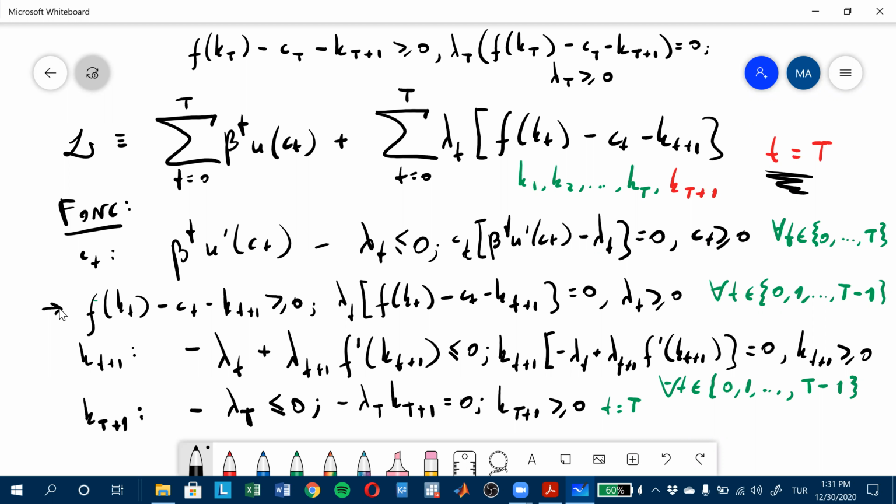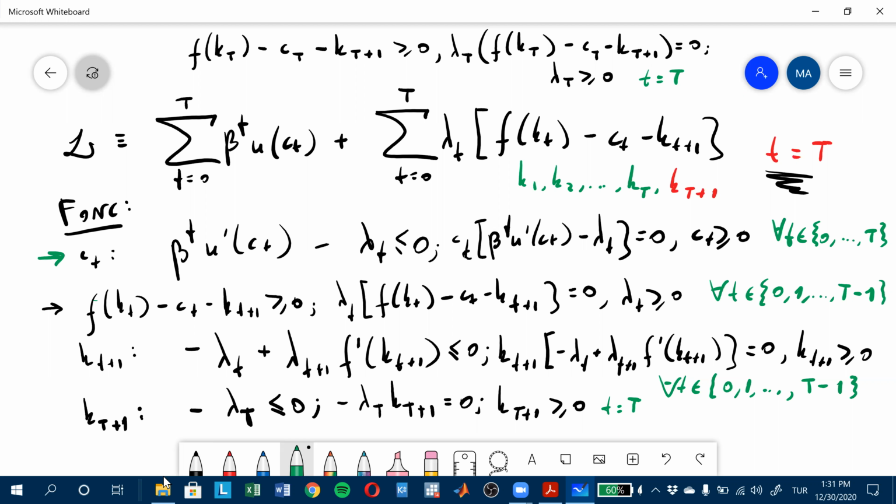Okay, now I have this for each and every episode, so this is again for t equals T. Now I have every single first order condition for the entire episodes, right? Because the first equation here is true for all t.